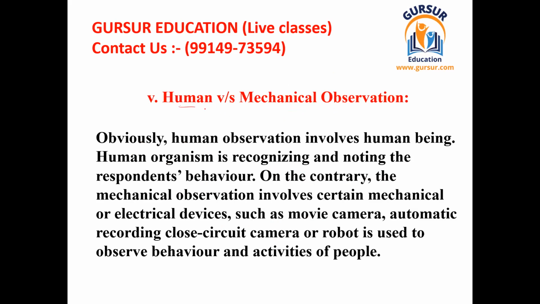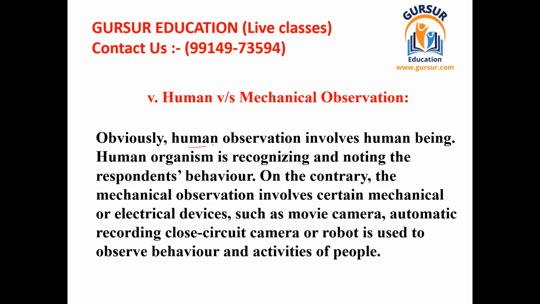Then there is human and mechanical observation. This is human observation when a human follows another human. But when you use technology for observing the behavior of any respondent, this is known as mechanical observation.